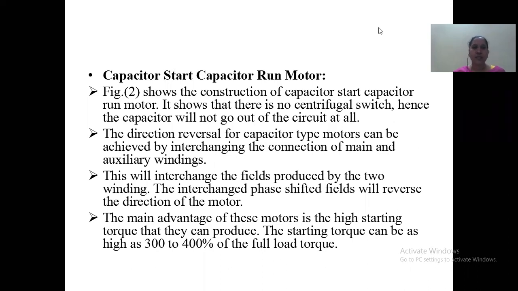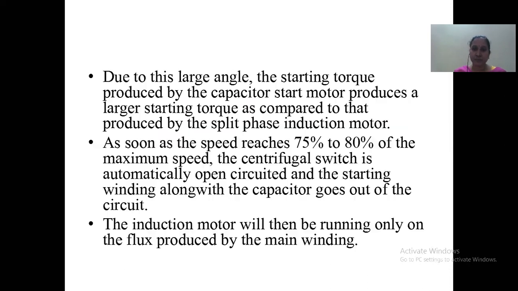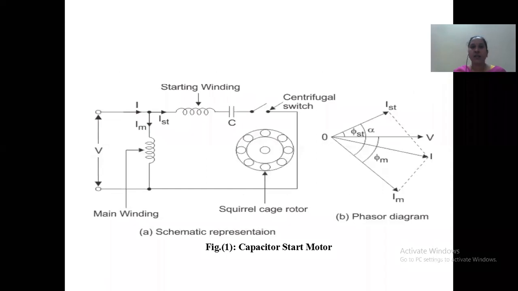So coming to the next type of the induction motor, that is capacitor start, capacitor run motor. In the previous type, we have seen the capacitor start motor. In that case, what is going to happen? You can see here. So this is the capacitor start motor.